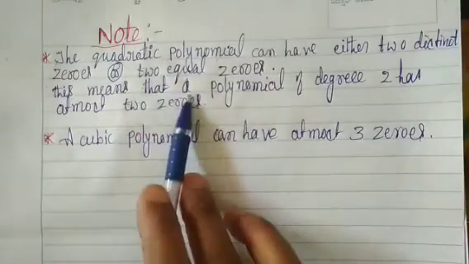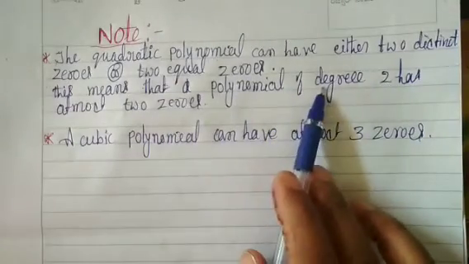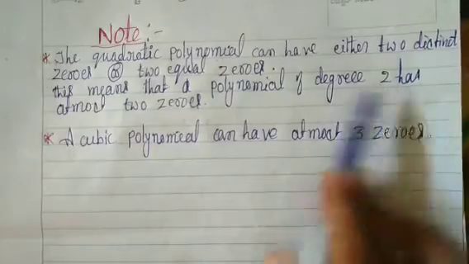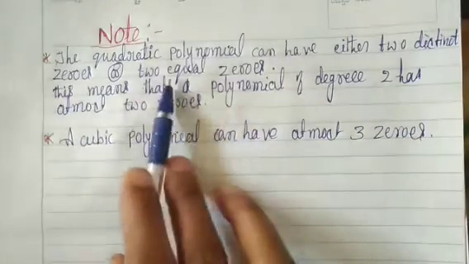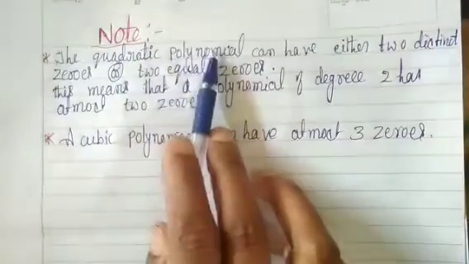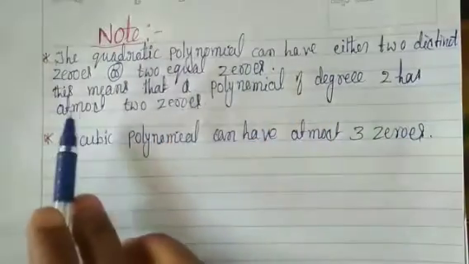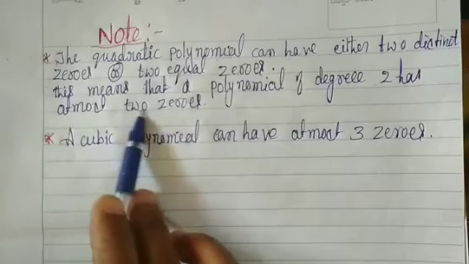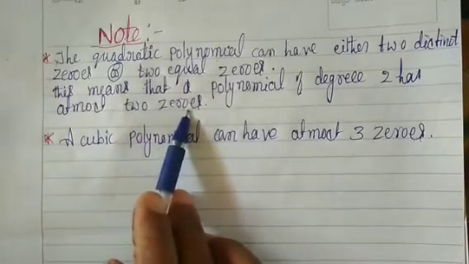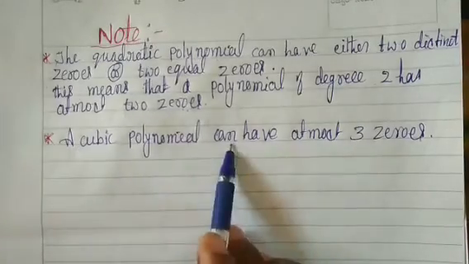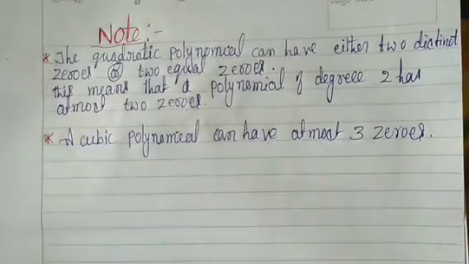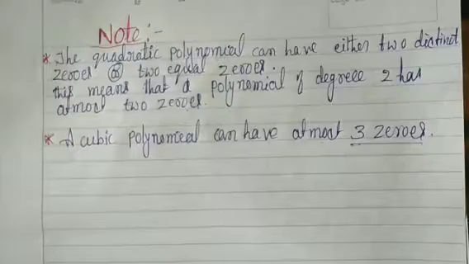Once again, a quadratic polynomial can have at most 2 zeros, and a cubic polynomial can have at most 3 zeros.